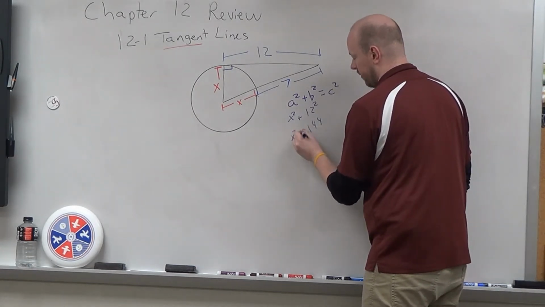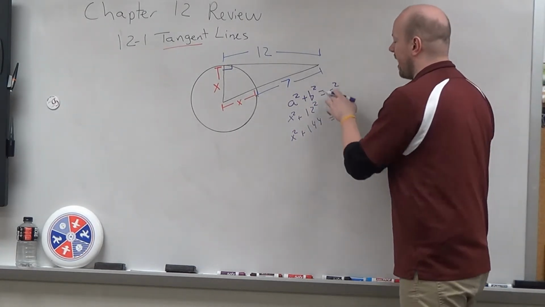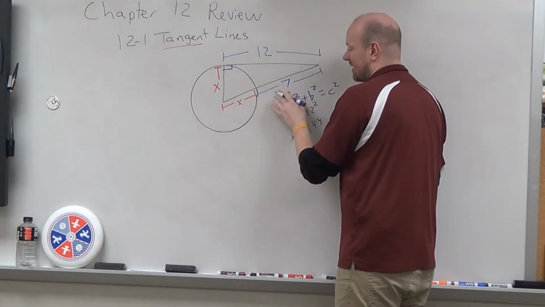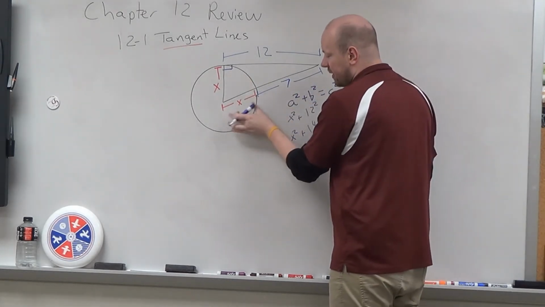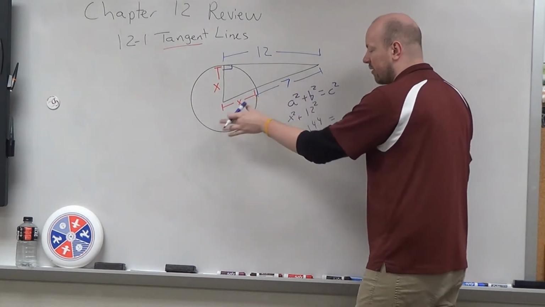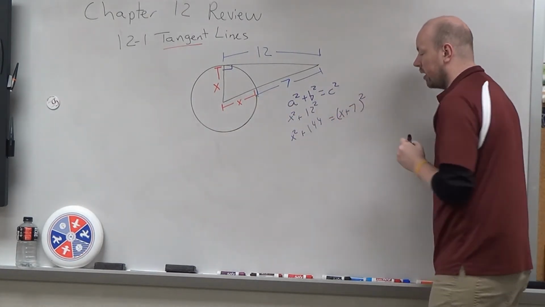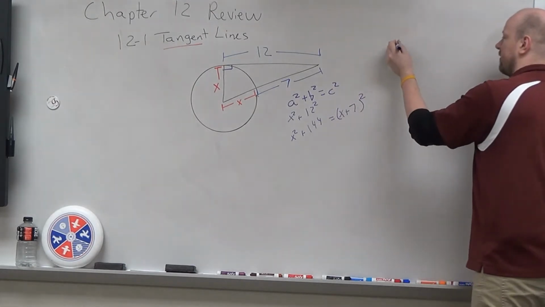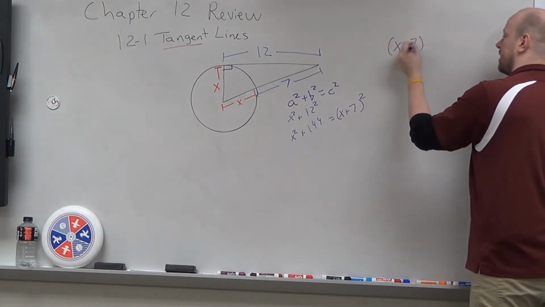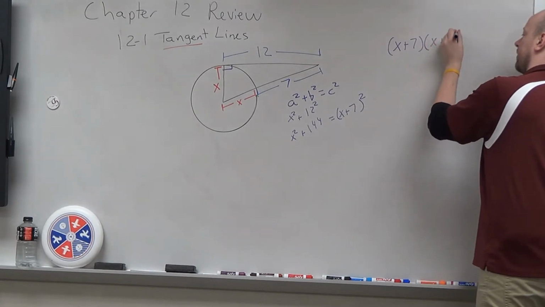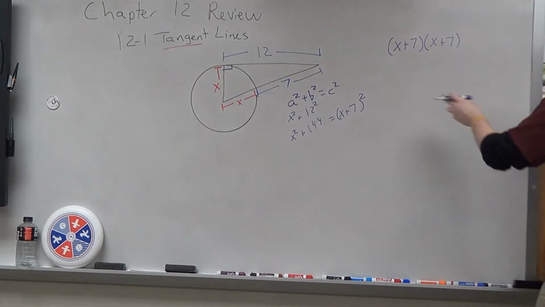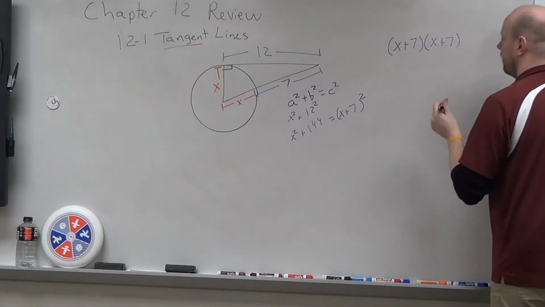I get x squared plus 144. But the big thing is my hypotenuse is x plus 7. It's this piece and this piece for the entire thing. So that's actually x plus 7 squared. And remember, x plus 7 squared is the same thing as x plus 7 times x plus 7. Squared means I'm multiplying it by itself.